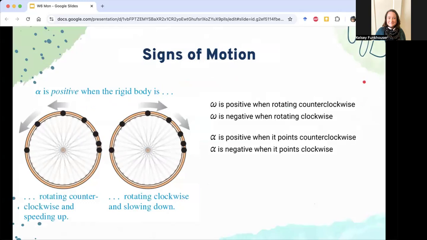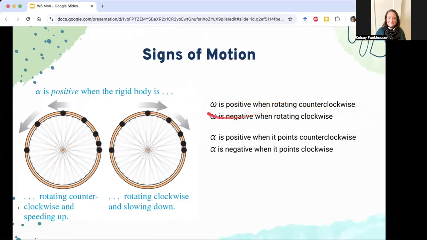And there's just an added interpretation in understanding both the direction and the sign of angular acceleration, just like how in linear acceleration, you want to know if the object is speeding up or slowing down, and that will tell you, if you know the direction of the linear motion, it will tell you the direction of the linear acceleration.